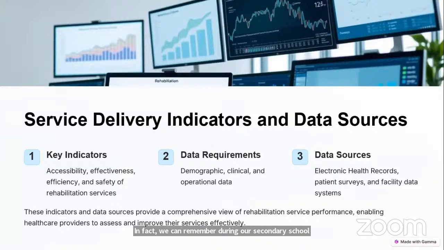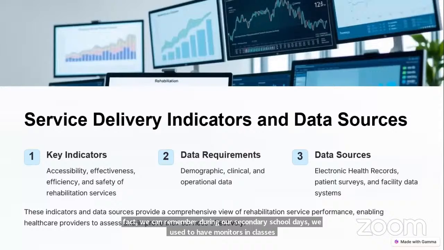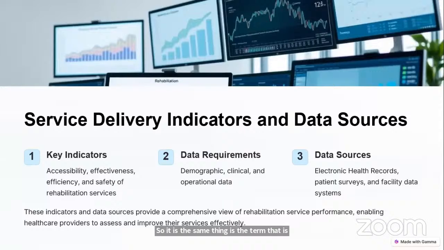So it is the same thing, it is a term that is global, so it applies in specific things. And for all successful establishments, monitoring and evaluation units and activities are very, very key, because when we monitor, we can see all parameters are properly implemented.